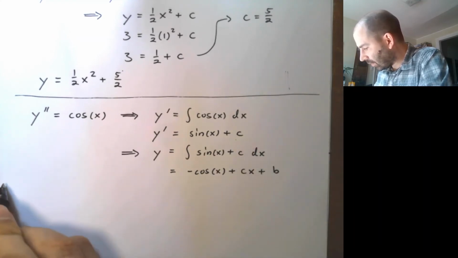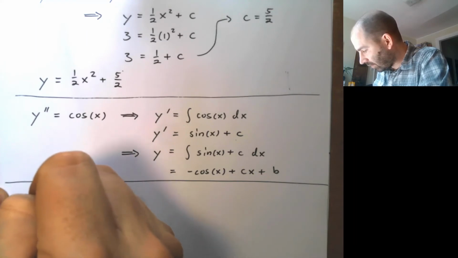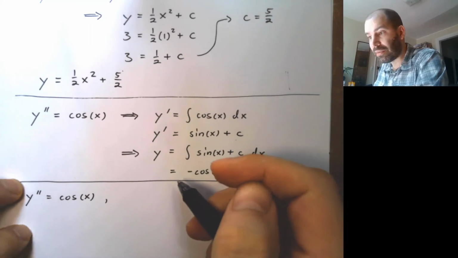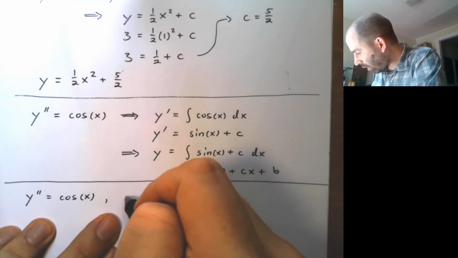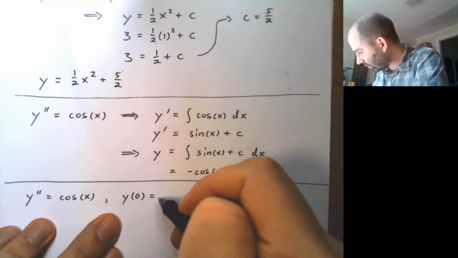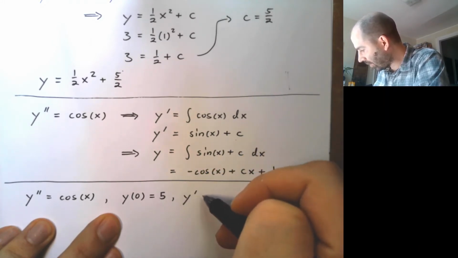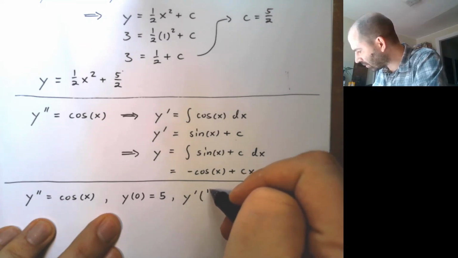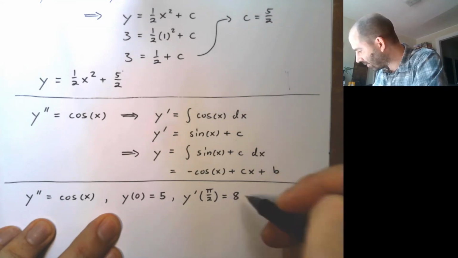All right. So let's look at this same differential equation with some initial conditions. Let's say that y of 0 equals, I don't know, 5, and y prime of, let's do something interesting like pi over 2 equals 8.